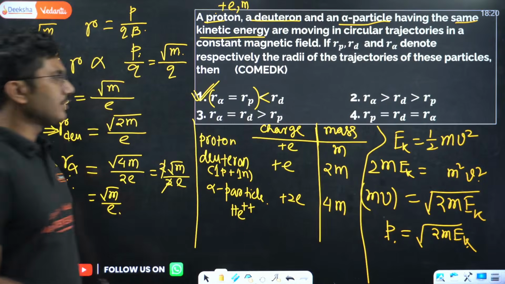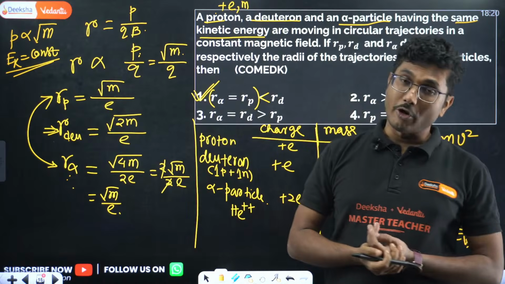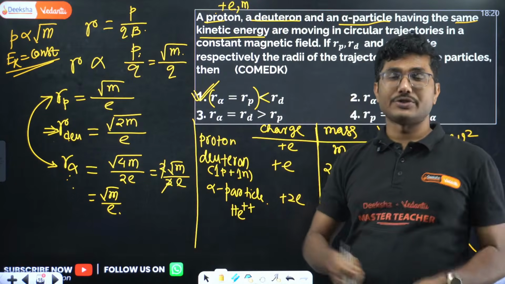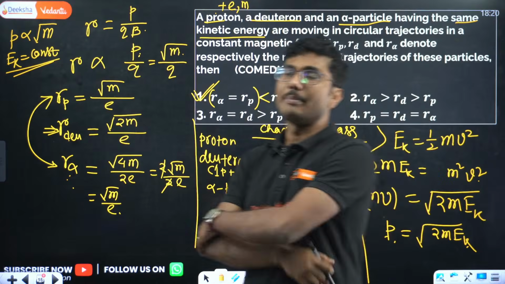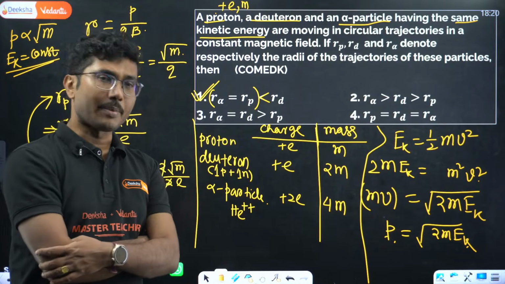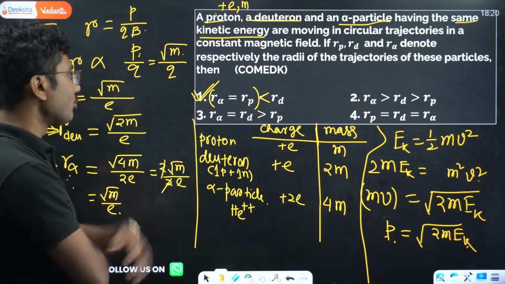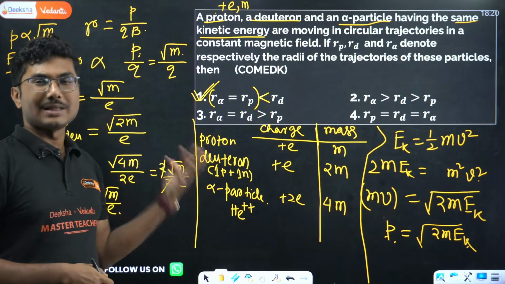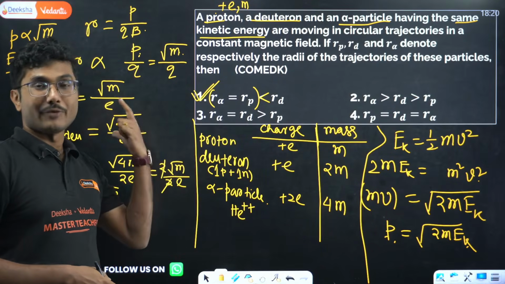Very interesting question based on alpha particle, deuteron, proton, etc. Questions based on this concept came in the past, even if maybe not from this chapter, and it came multiple times. So you need to understand what is a proton, what is a deuteron, what is an alpha particle, what is a beta particle.